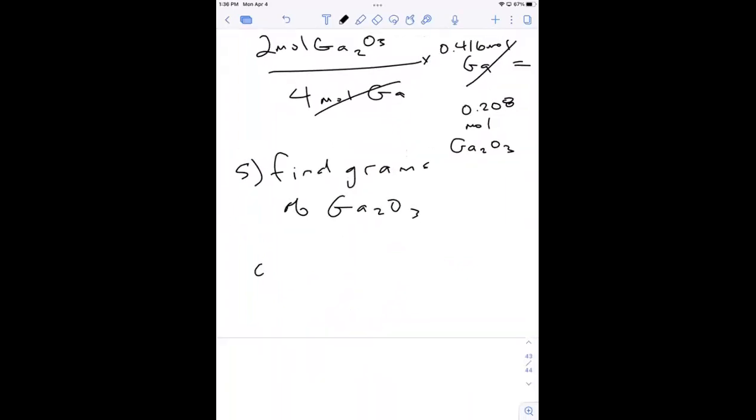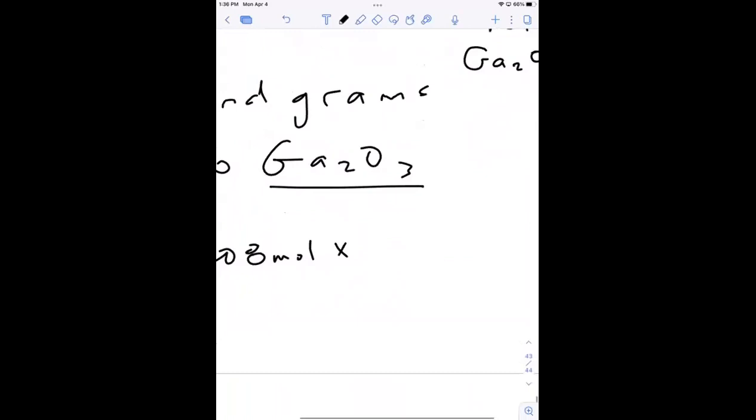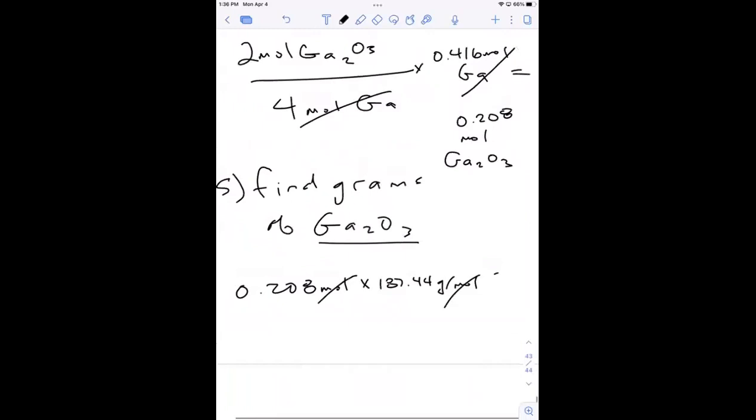So it's going to be 0.208 moles times the molar mass of gallium oxide, which is 187.44 grams per mole. Right, and that's going to cancel.